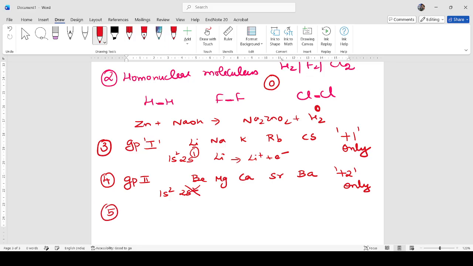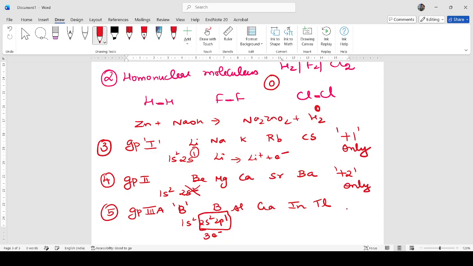The next thing is group 3A, the boron family: boron, aluminium, gallium, indium, thallium. Boron has atomic number 5, 1s2, 2s2, 2p1. Here you can see in the valence shell, how many electrons are there? 3 electrons.